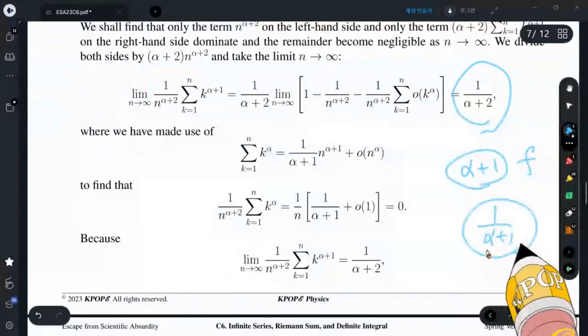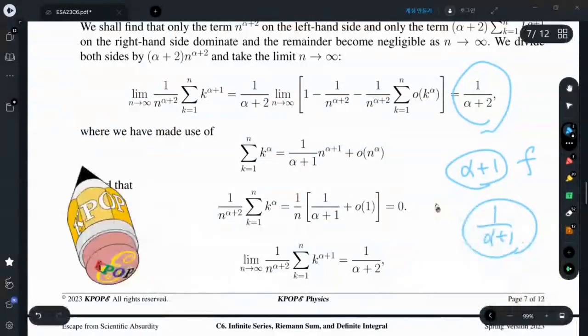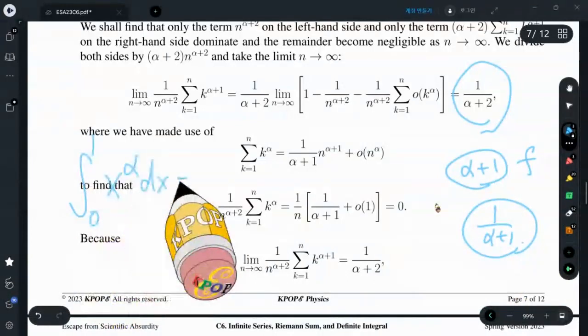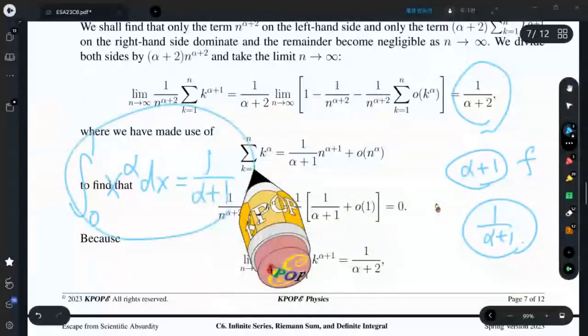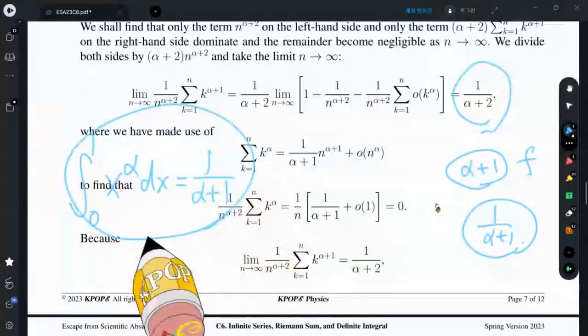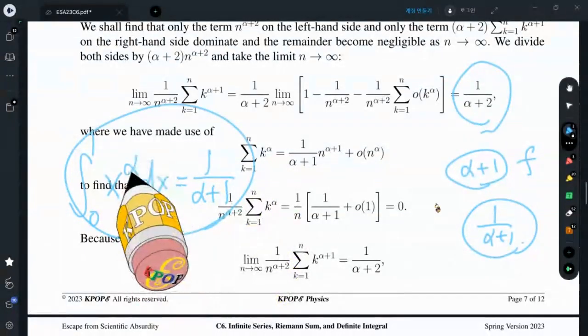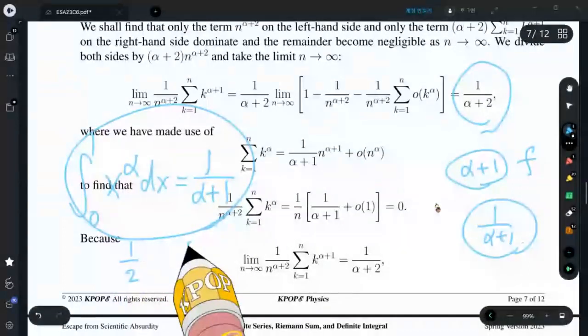Okay, in this manner, I can find the integral table: the integral from 0 to 1 of x to the alpha dx is 1 over alpha plus 1 for any positive integer. And you might not know much about this integral table, especially for the half integers, like 1/2 or 3/2.